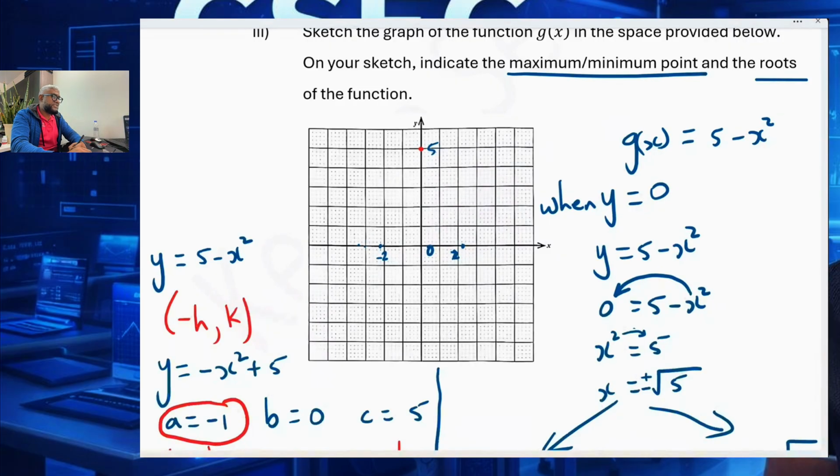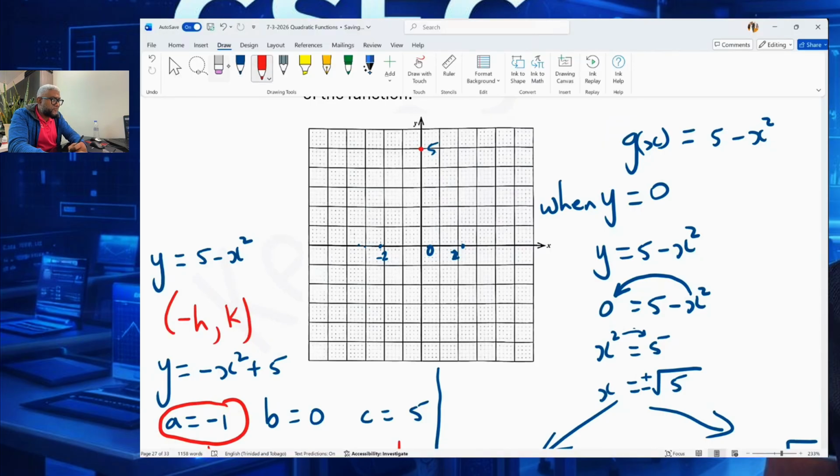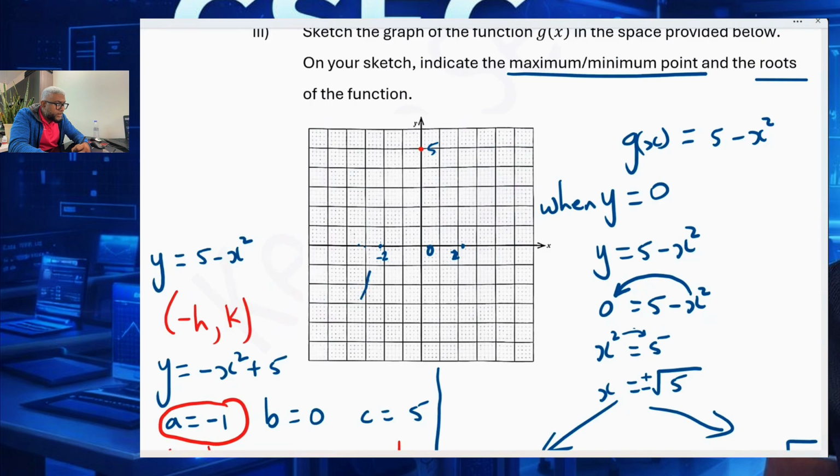So what is that? They said to sketch it, right? So let me go. I'm going to sketch it, which is a rough sketch, right? Label your curve. This curve will be y is equal to 5 minus x squared, right?